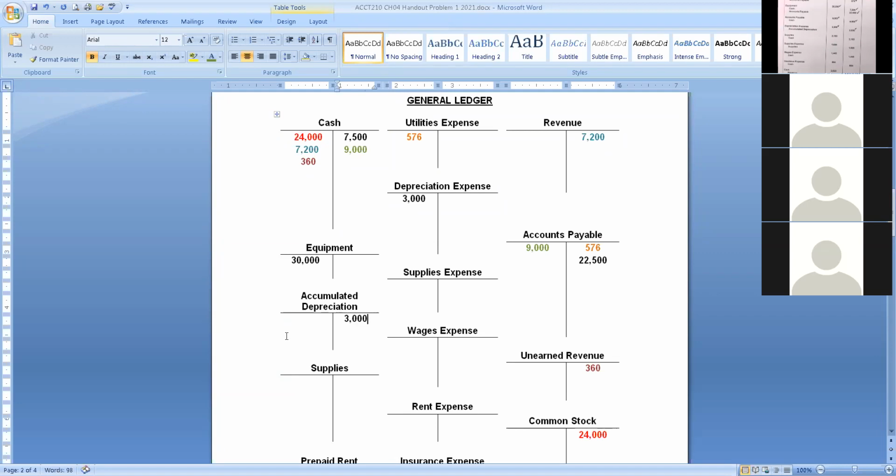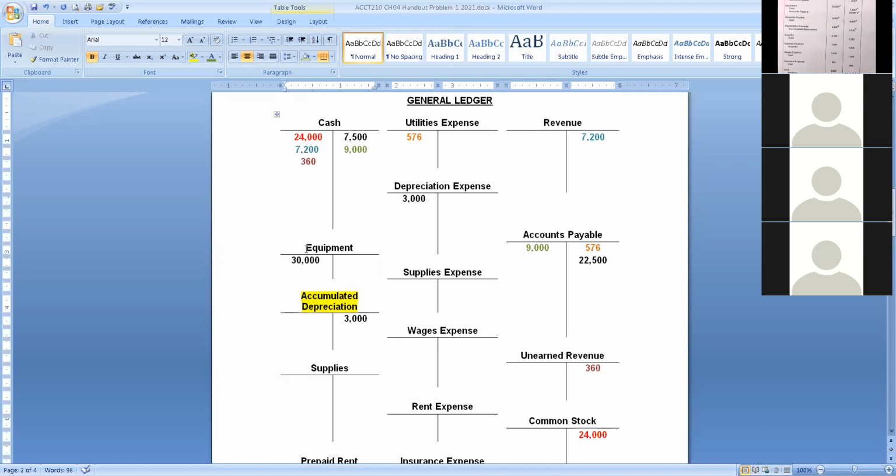This is a brand new account that you've never seen. Well, maybe you have, but this is when the equipment is going down in value. The true terminology is cost being allocated.